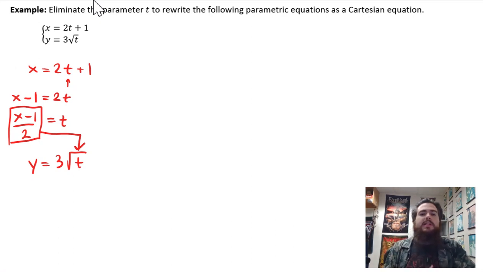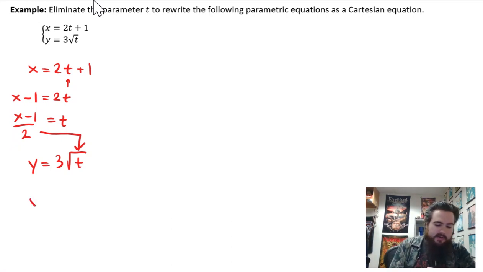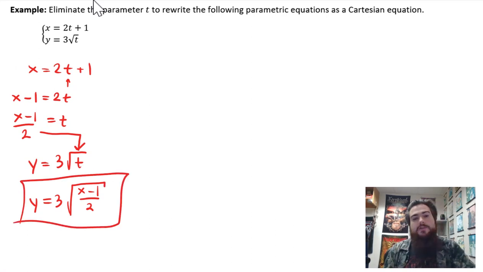What that will do is eliminate t, so that there are no longer any variables of t floating around, and all I will have left are the Cartesian variables x and y. So this will look like y is equal to 3 times the square root of x minus 1 divided by 2. And that would be my equation.